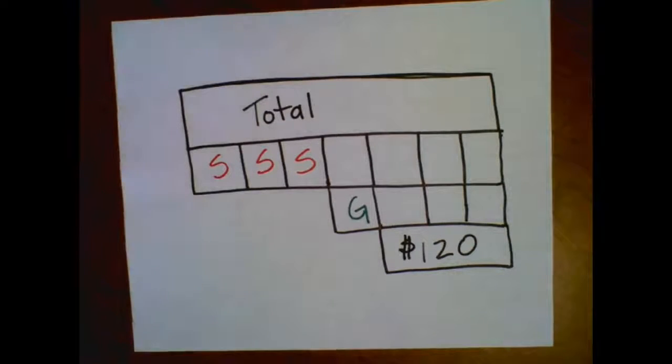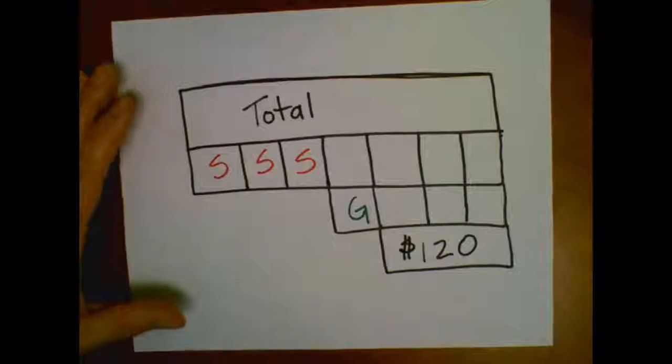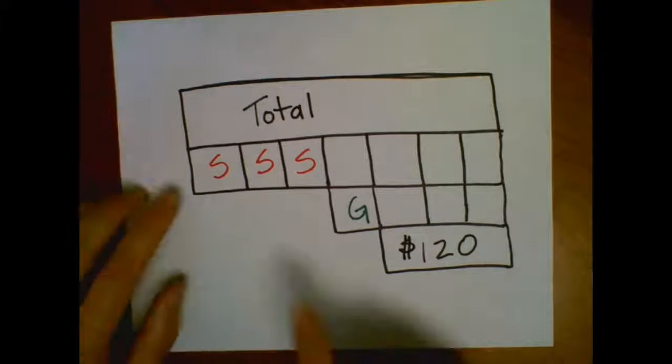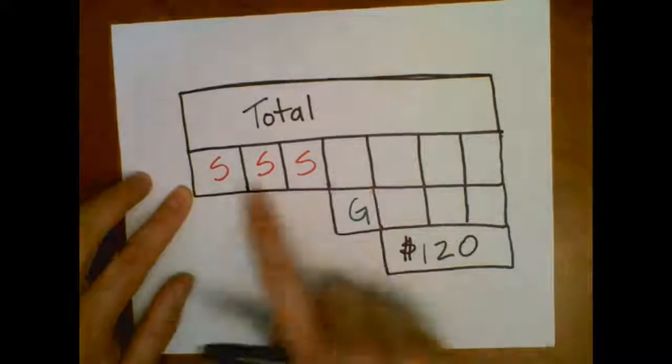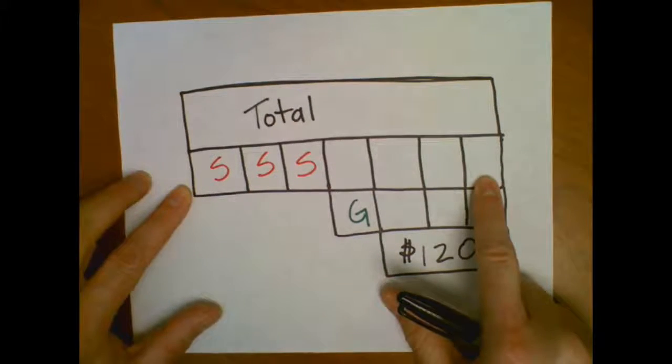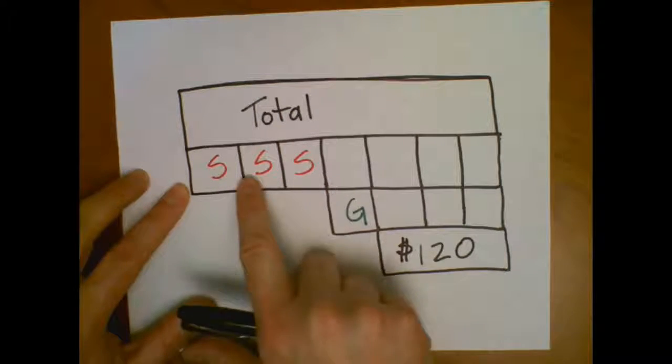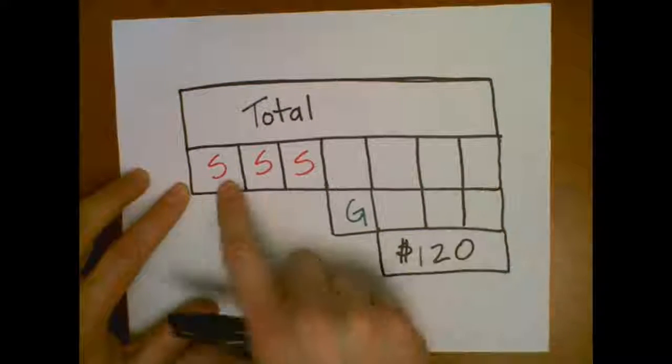Now, using this information and some understandings that I have about this model, I can quickly solve the problem from here. Because one of the things I know, since these are 7ths, each one of these is 1/7, that represents 7 equal groups to give me my total.